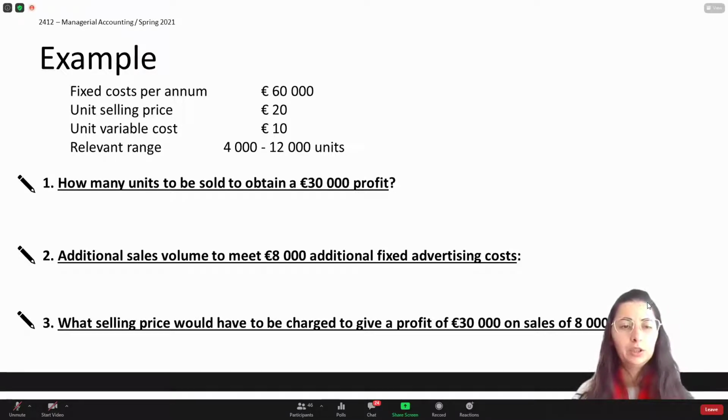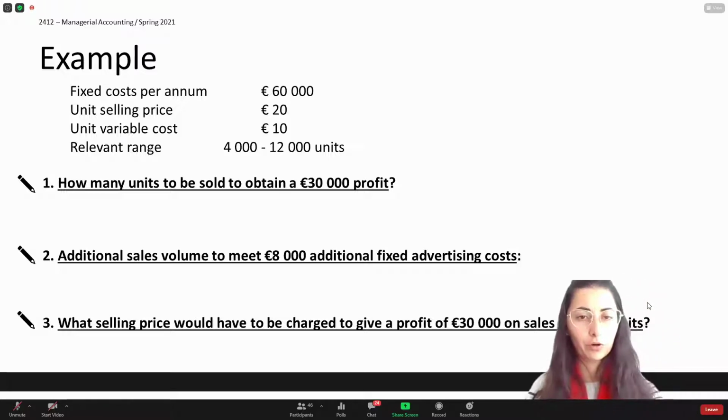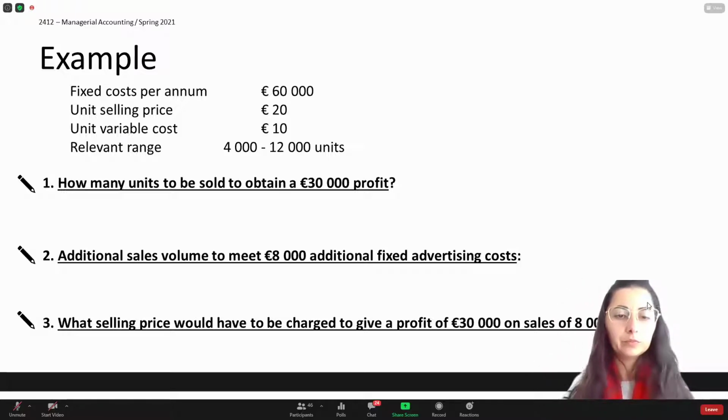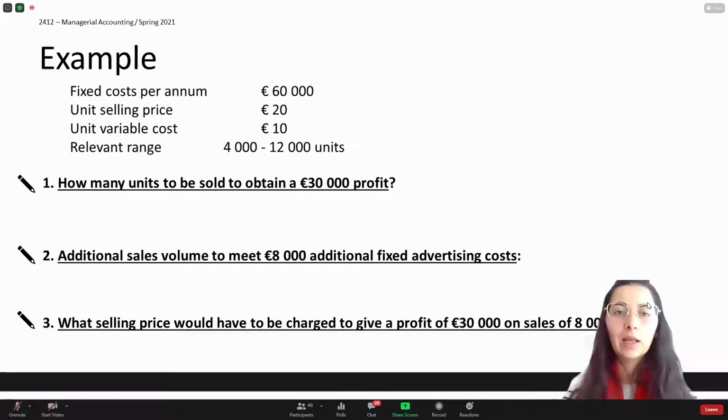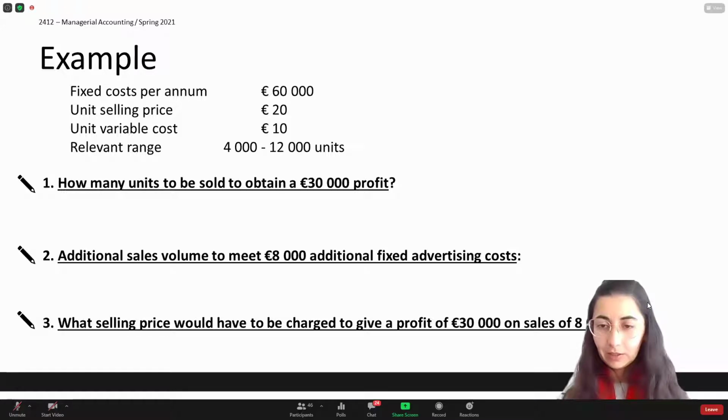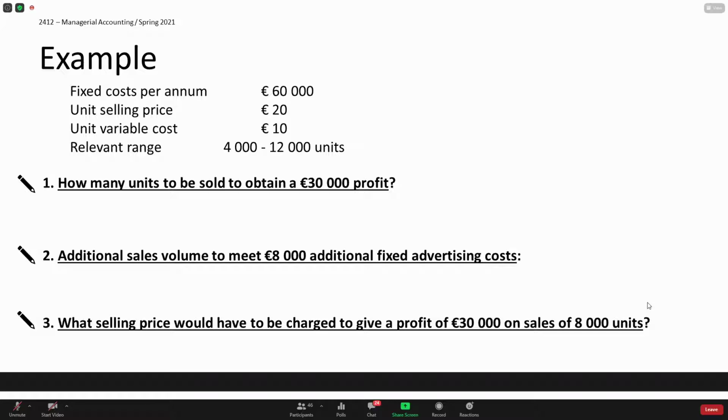The first question is how many units have to be sold in order to obtain 30,000 euros of profit. So make sure you take a screenshot of this example, and I will try to use the whiteboard and see if it works better today. Bear with me because this is all new.